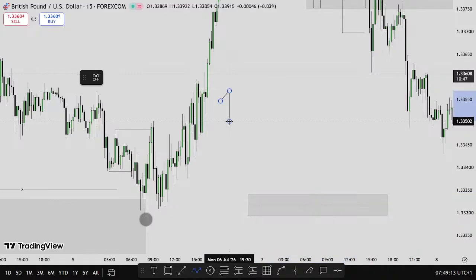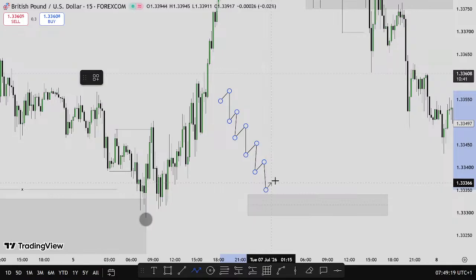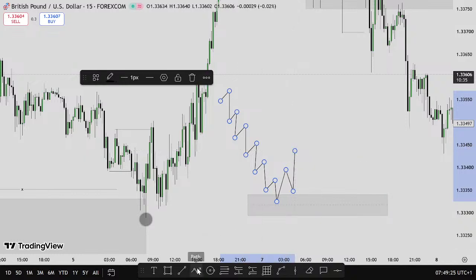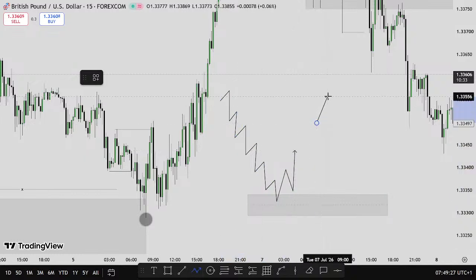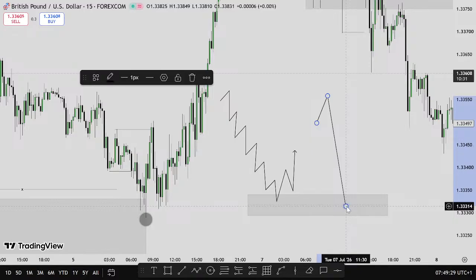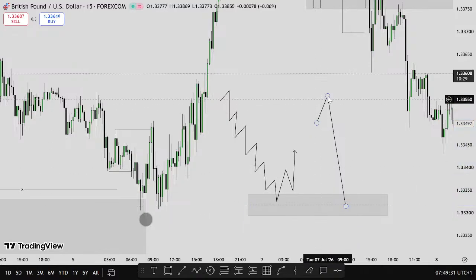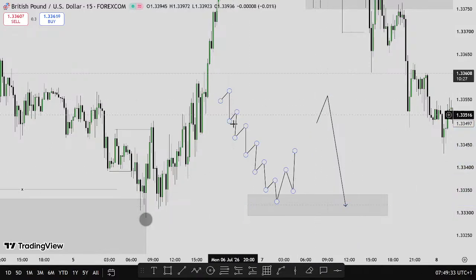So in the lower time frame, this is what you would see. Always, if you think it's a lie, then you should check it yourself. Now in the higher time frame, it might just be a pullback like this into this level. So this is the higher time frame move, but in the lower time frame, this is the move that you get.